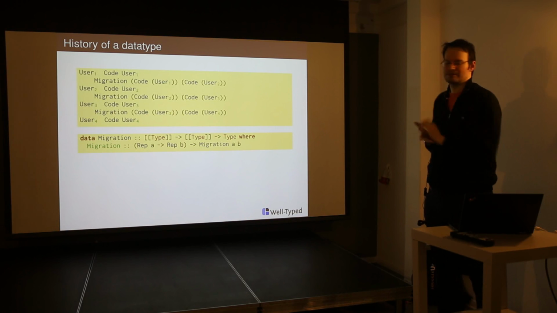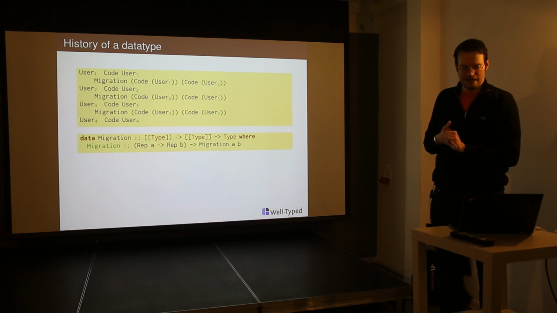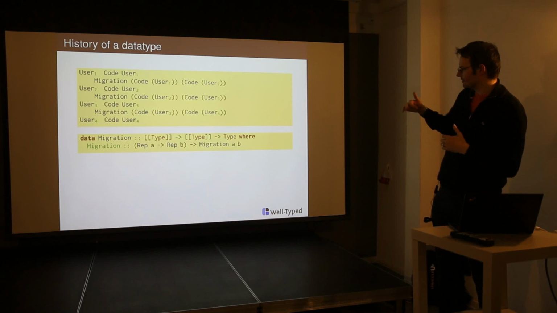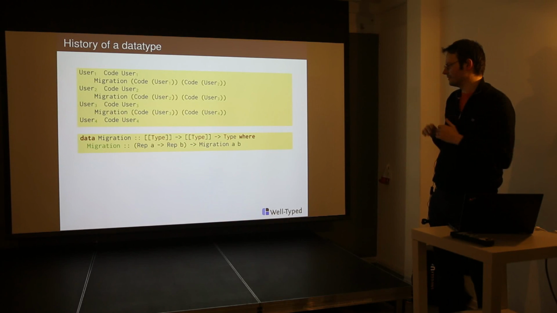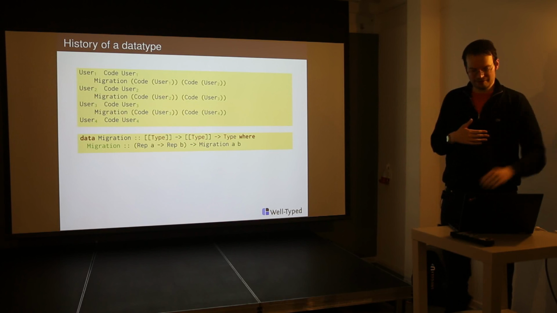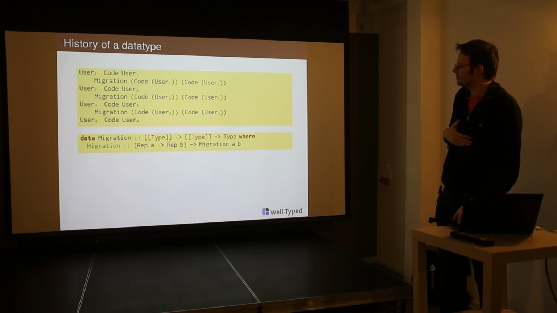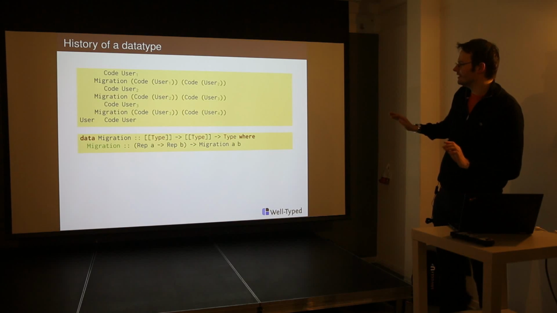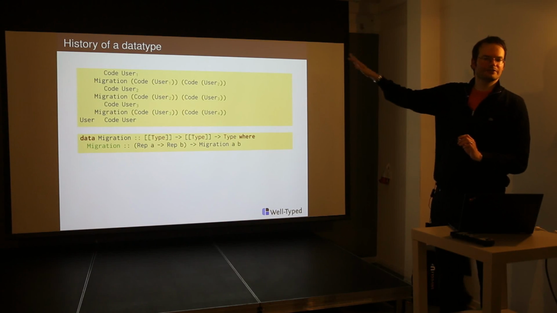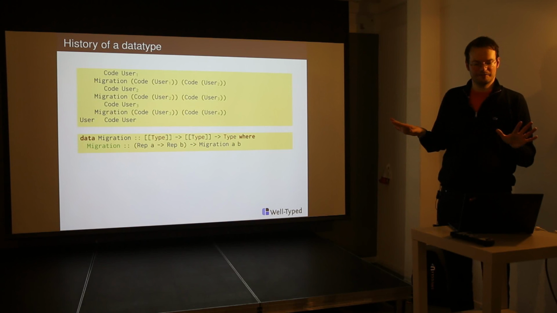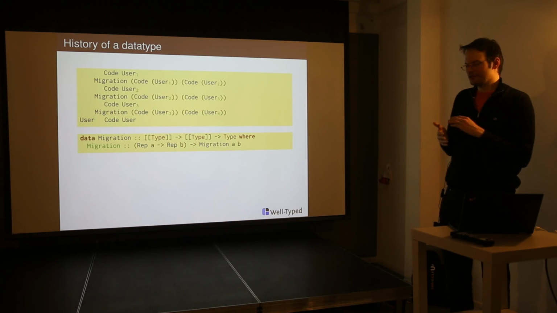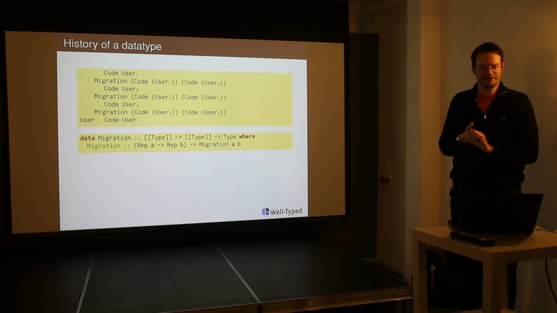And now the nice thing is that because all your migrations work on the structural representations, in principle, if you have all these migration functions, you don't need the old versions of the data type at all anymore, because you can just work with the structural representations.